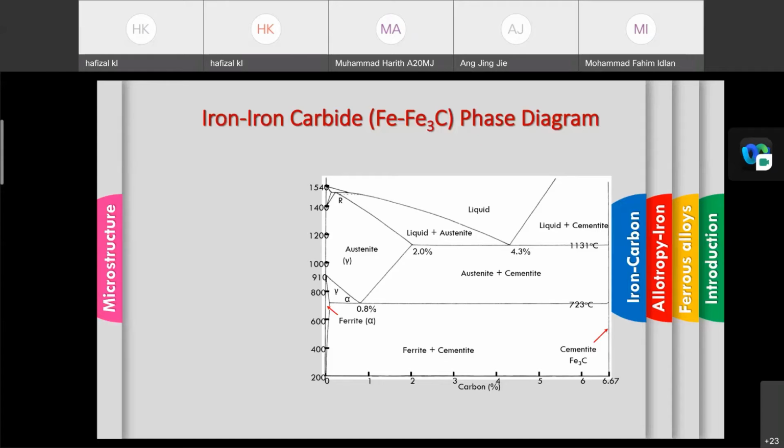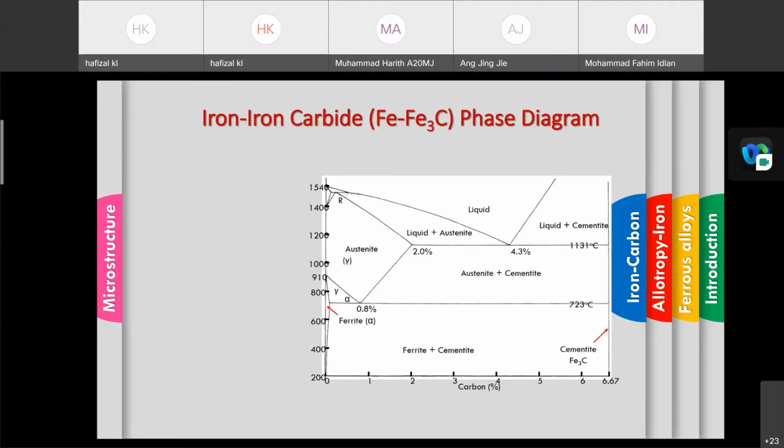get the information of liquid, and also the solid solution involved. Okay, so let's discuss this phase diagram. As you can see, the y-axis is the temperature, whereby the temperature varies from 200 to 1500.